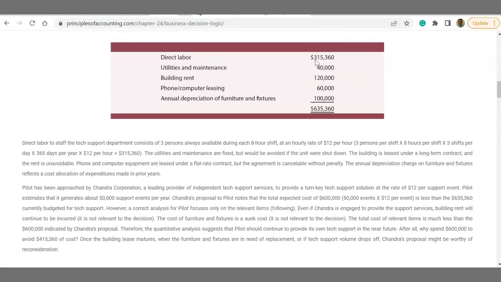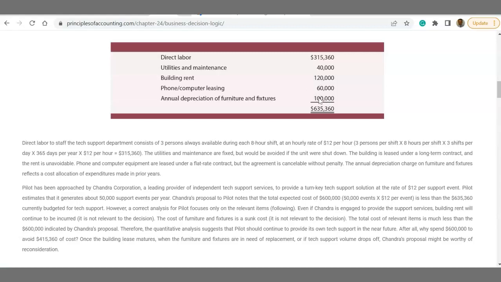$415,000 comes from the only thing they can save by outsourcing, which is direct labor. They can save that. Utilities, they can save that. Those are two relevant pieces of information for this calculation. Building rent, it's important to know that you cannot get rid of it. So it's unavoidable, and you have to take this out of your cost calculation.